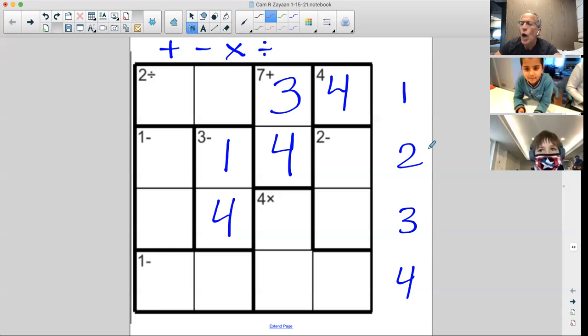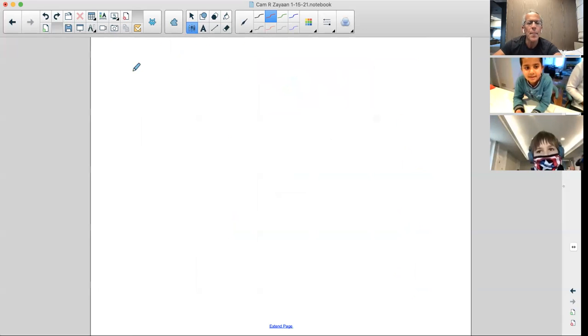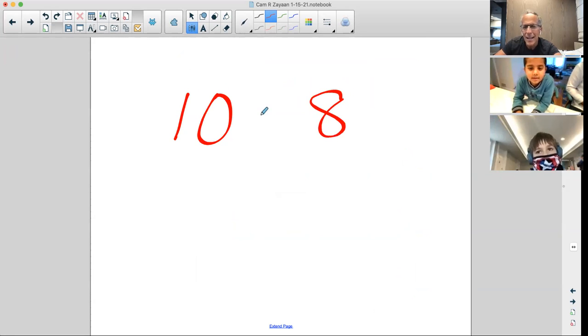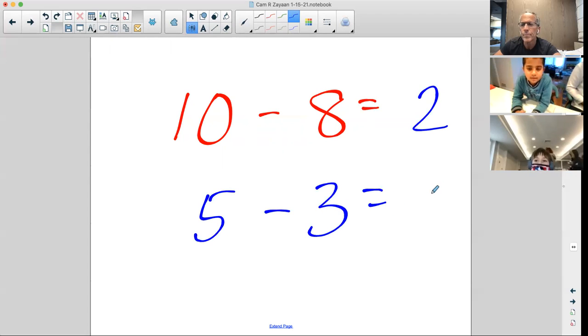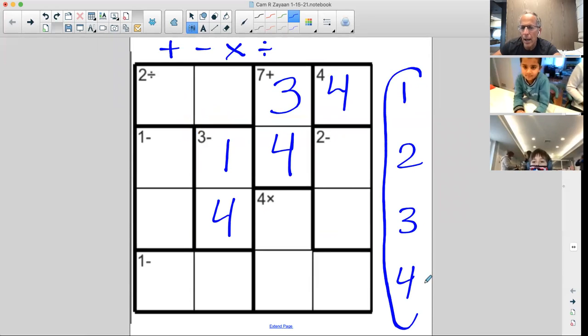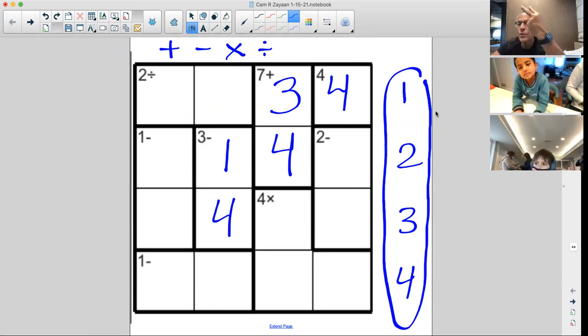What do you mean? A difference. Okay, let me ask you this. If I say to you 10 and 8 have a difference of what number? 2. 5 and 3 have a difference of what number? 2. Which 2 numbers here have a difference of 2?